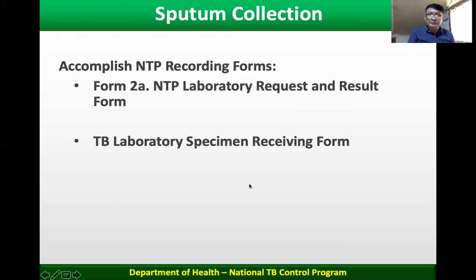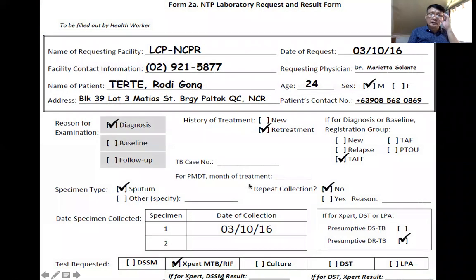Okay? See to it that you fill out the laboratory request form completely. You have the name of the requesting facility. Then you also need to fill out the date of request, the facility contact information, the requesting physician, the name of patient.